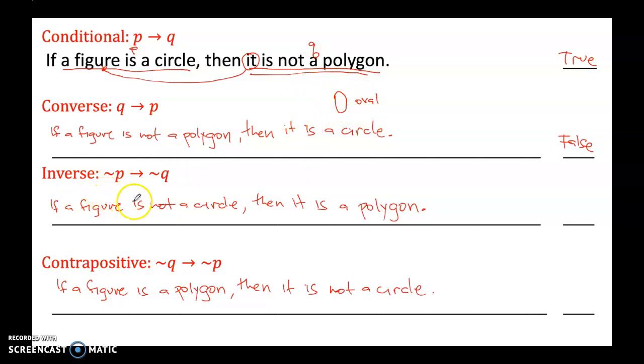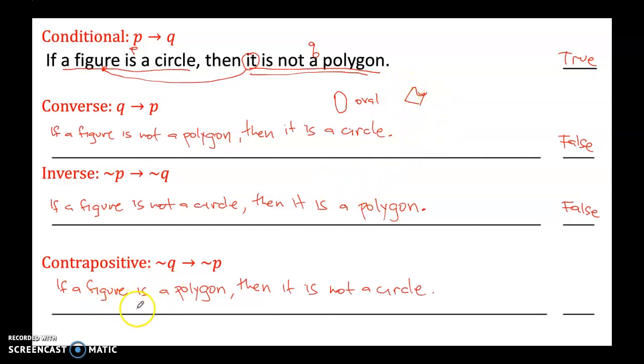Likewise, for the inverse, if a figure is not a circle, then it is a polygon. This is a false statement because we have the counterexample of an oval. Another one is a figure with a curve. If we have a curve, that is also not a polygon.